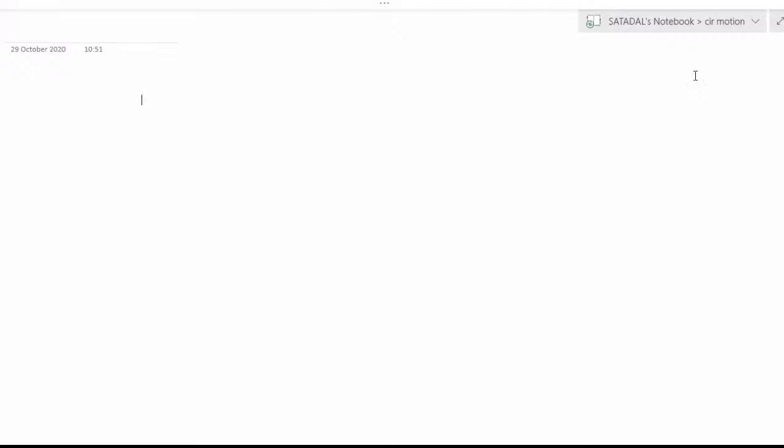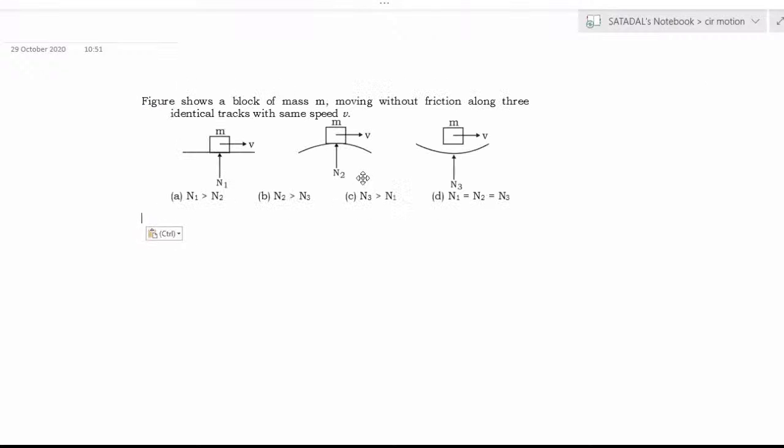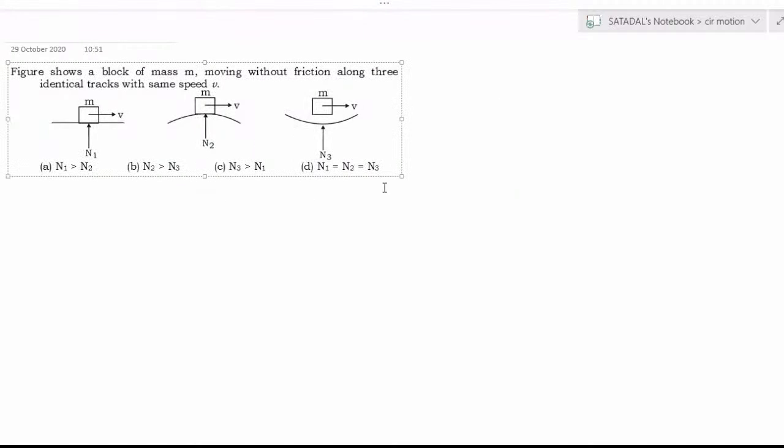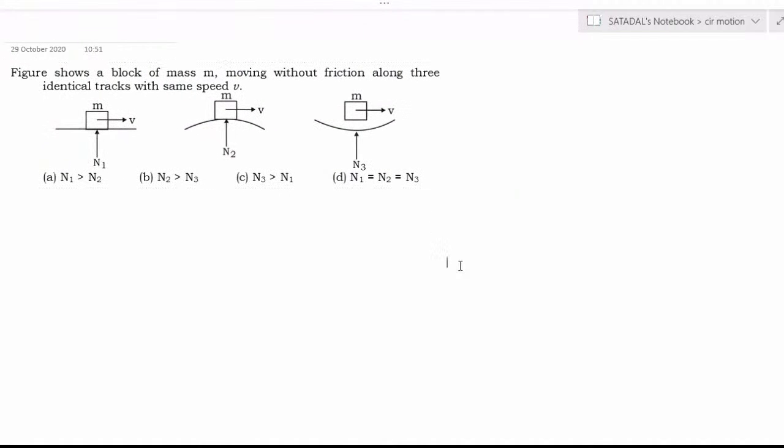Take time and solve it. There is no hurry. We are much ahead with the syllabus. Solve it, please. For your kind information, this block is in contact with the surface. Chalo, do it.